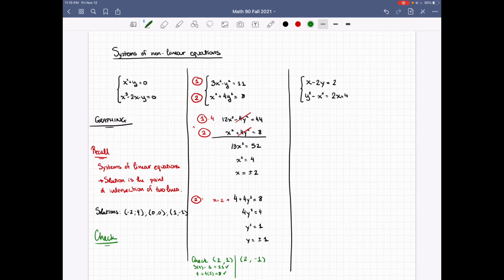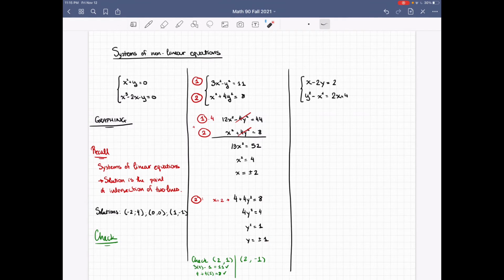Now, notice this was us going through the process of solving for when x was positive 2. But we also have the possibility of looking at when x is negative 2. I'm not going to go through the whole process again, because you will see very quickly that if I plug negative 2 into the second equation, it's going to look exactly the same way.